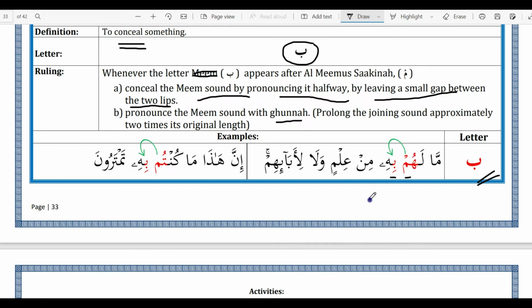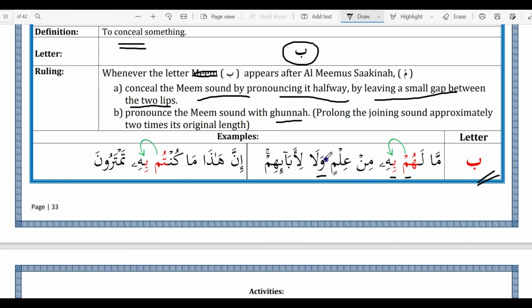So the ayah goes, ما لهم به من علم ولا لآبائهم من علم ولا لآبائهم. Now you may notice here I say min, like I join this tanween onto the waw.